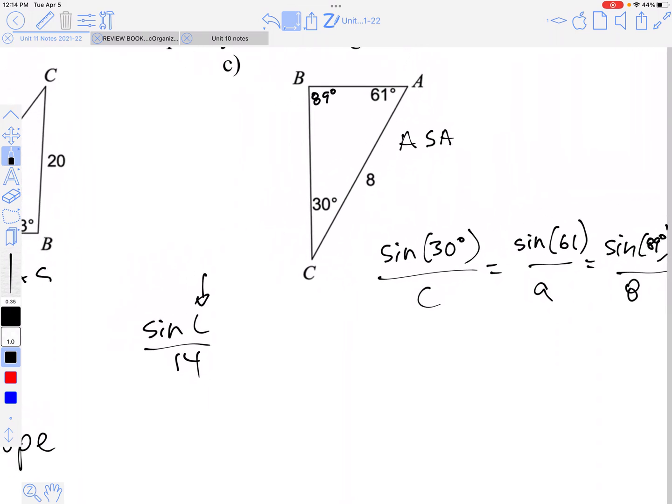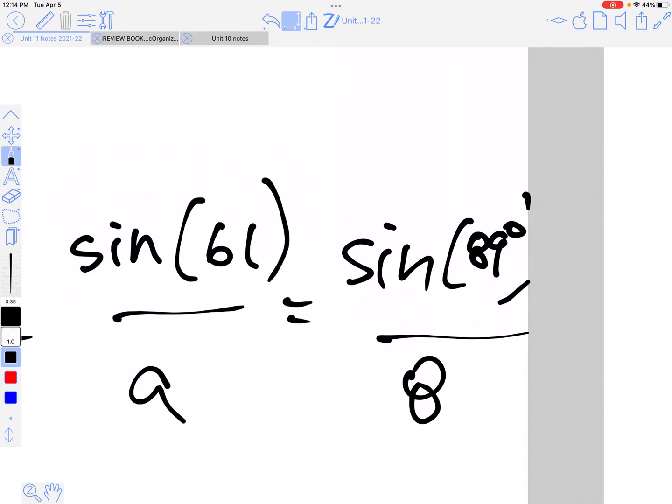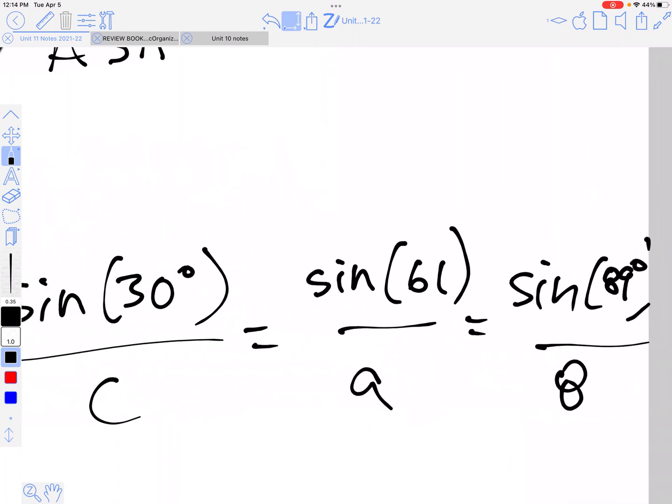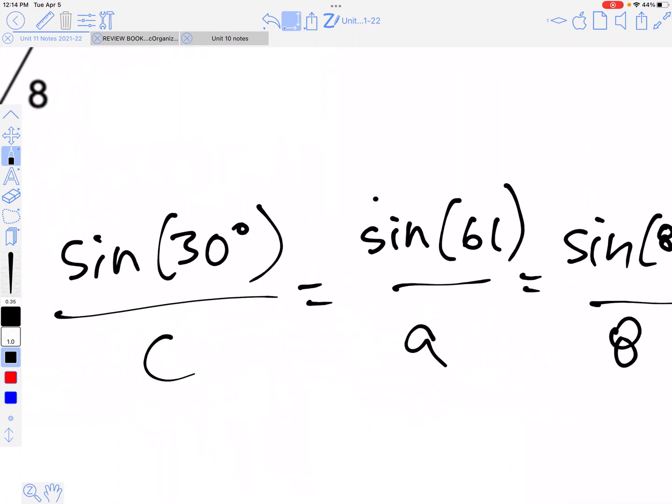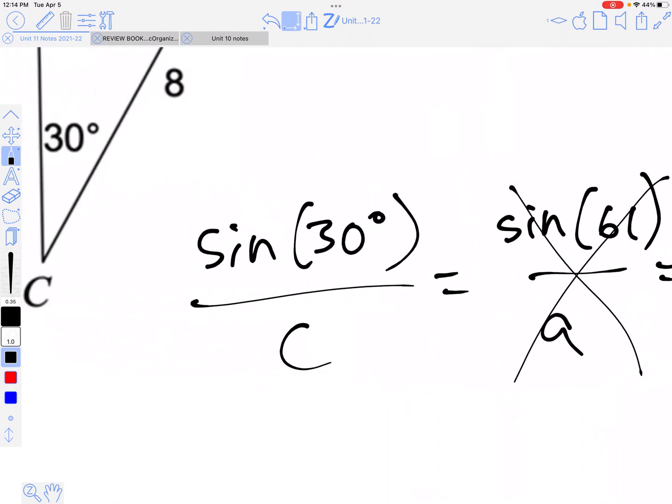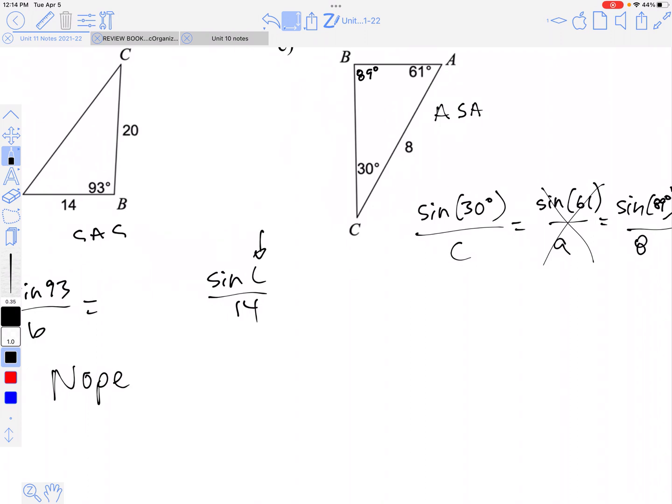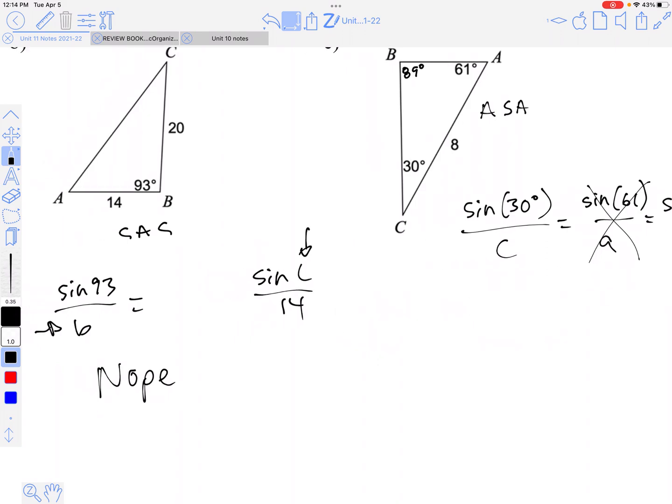Okay, so if you look here, we have one unknown, a. If you ignore this and use sine 89 over 8 and sine 30 over c, we have one unknown, so it will work. So yes, angle, side, angle will work.